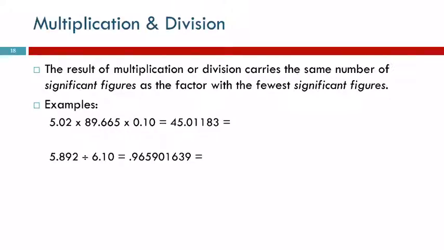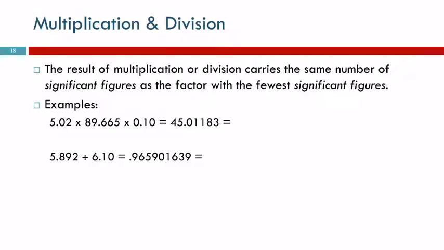So I brought my calculator, but I don't have to use it because I already wrote the answer. I was thinking ahead. If we take 5.02 times 89.665 times 0.10, our calculator will give us this. It might give you some more digits too. We need to know how to round this so that we don't inadvertently tell someone that we know this answer more precisely than we actually do.